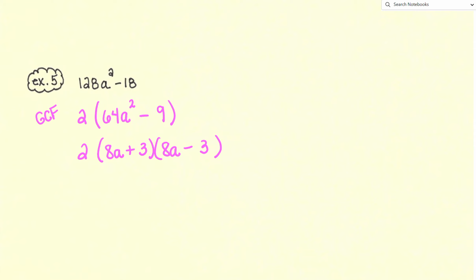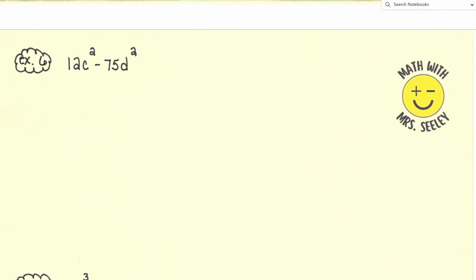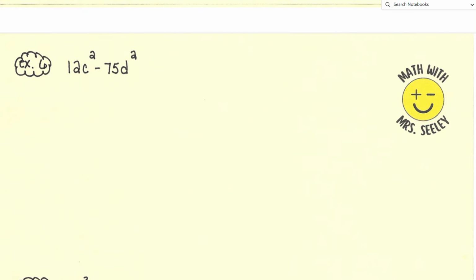Okay, look at example 6. In example 6, we can see again that 12 and 75 aren't perfect squares, but the fact that that's a c squared and a d squared makes me think that I probably do have a difference of 2 squares. So let's check for a greatest common factor again.